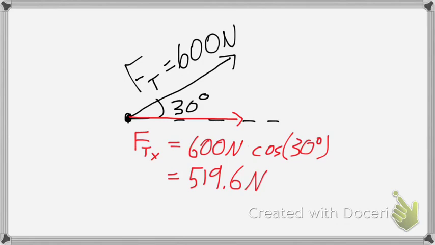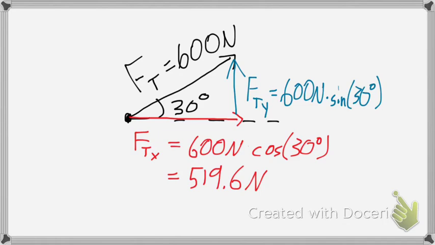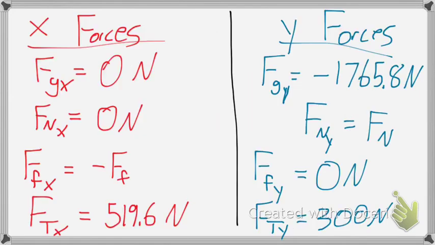The vertical component of force is going to use sine. And since the sine of 30 degrees is 1/2, that means my y component of tension is just 300 newtons. Awesome. So now I've taken each and every one of my forces and I've broken them into x and y components. Now it's time to take a look at our totals.